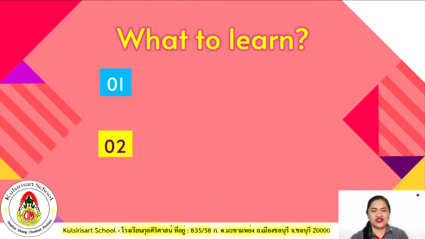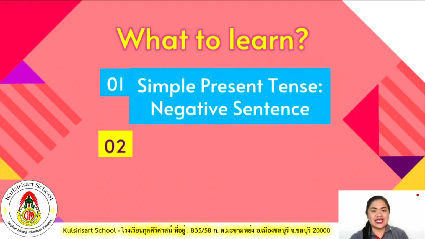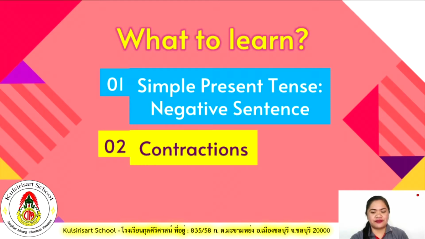What are we going to learn today? We are going to learn about simple present tense negative sentence and, of course, contractions. Again, what is the first topic that we are going to learn today? Very good.